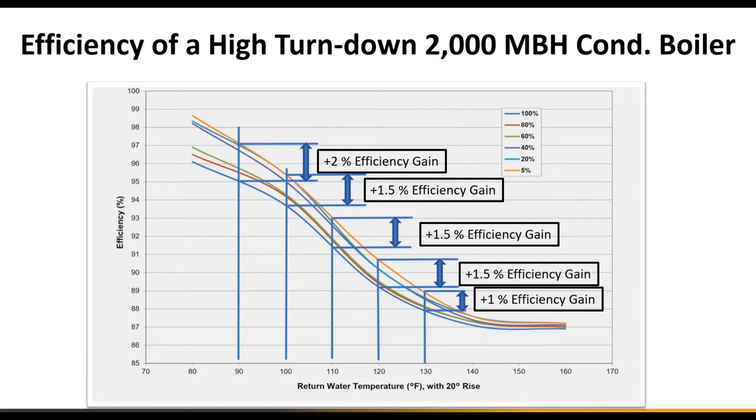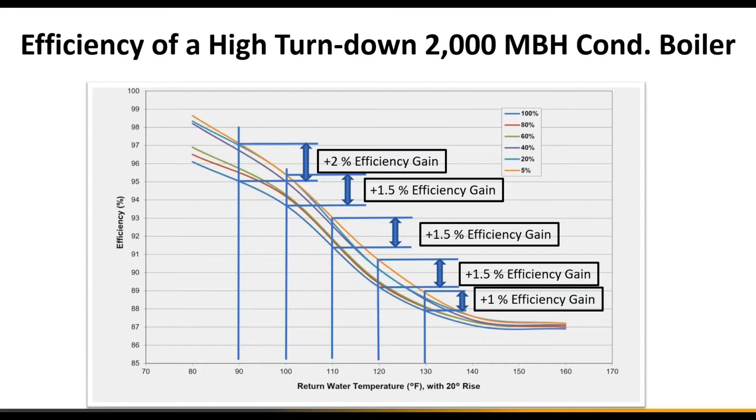But even at any given return temperature below 130, we see that we pick up anywhere between 1 to over 2% efficiency gain as we go from the blue line, which represents the 100% full fire input, to the yellow line, which represents the 5% high turndown input.